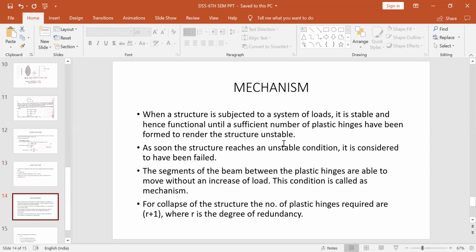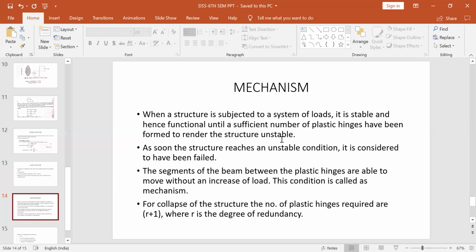What happens is, suppose there is a structure. Let us consider a column or a beam, any structure, or a portal frame. When the structure is constructed, like on the site, working loads will start acting on it: live loads, dead loads, everything. Now, as the load increases from the elastic limit, it goes to the plastic stage.